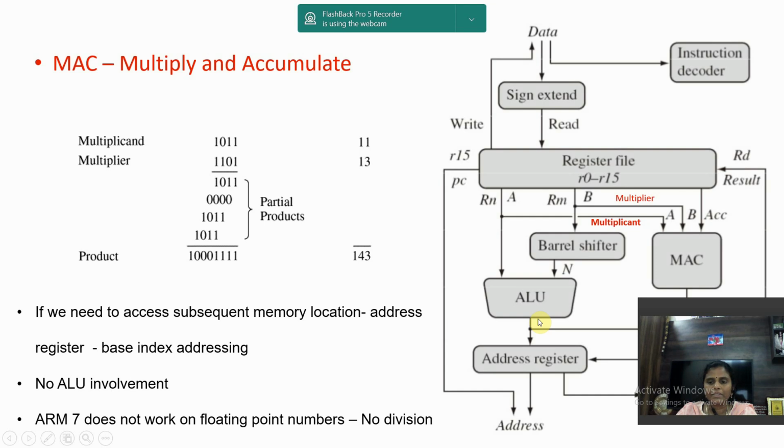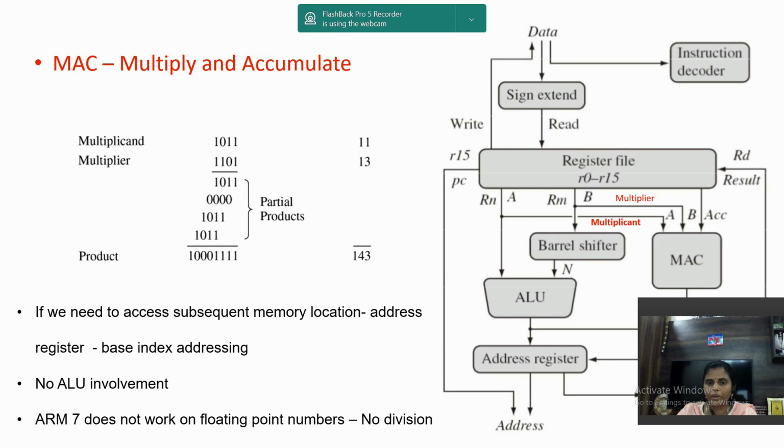But one question arises. There is a dedicated MAC unit only for multiplication. Is there any block for division? Is division possible in the ARM processor? Let's see. What is 3 divided by 2? It is 1.5. Am I correct? Or what is the quotient? Quotient is 1, remainder is 1. But what I need, I don't want separate quotient and remainder.